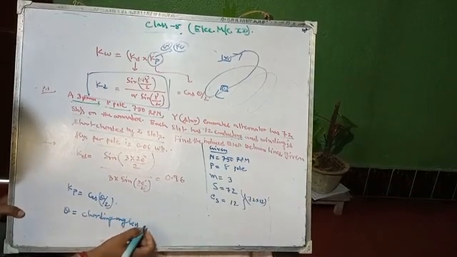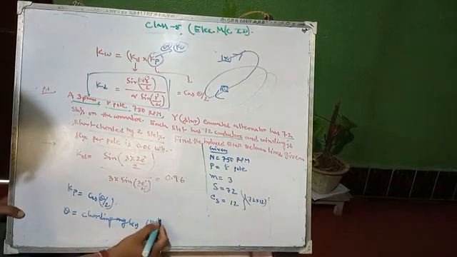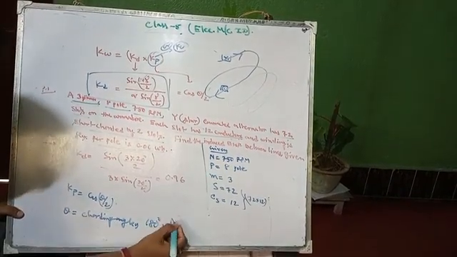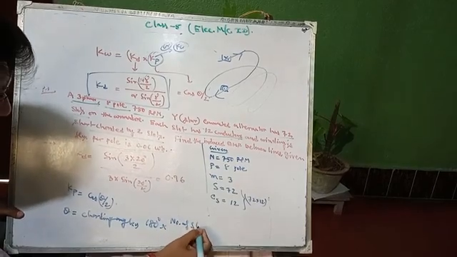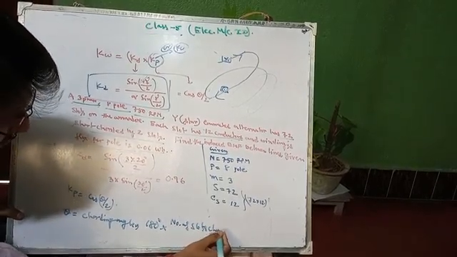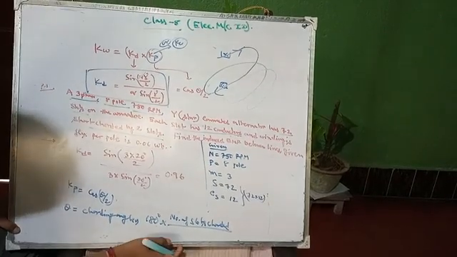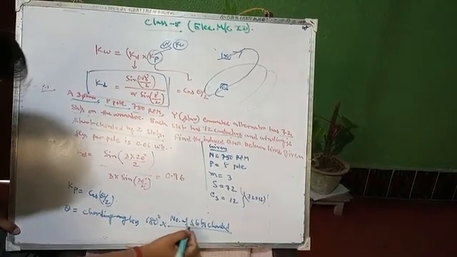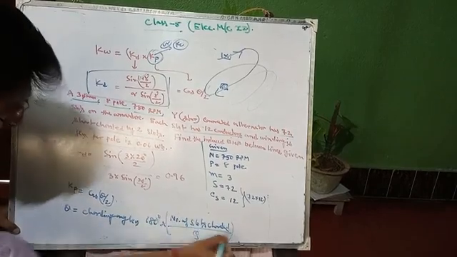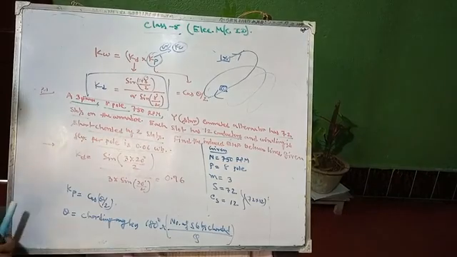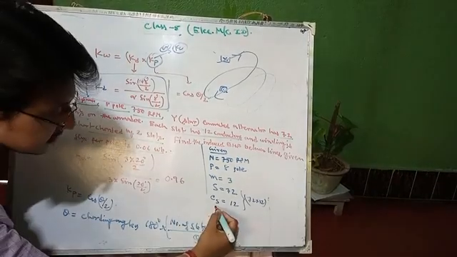To find the chording angle, what is the formula? Theta equals 180 degree by the number of slots chorded divided by capital Q. What is the number of slots chorded?